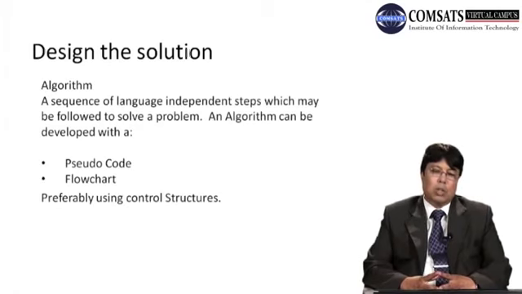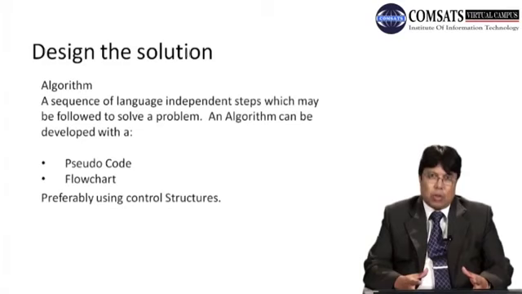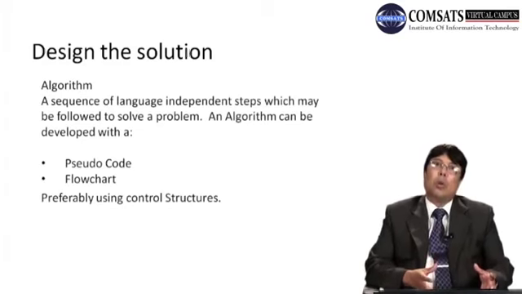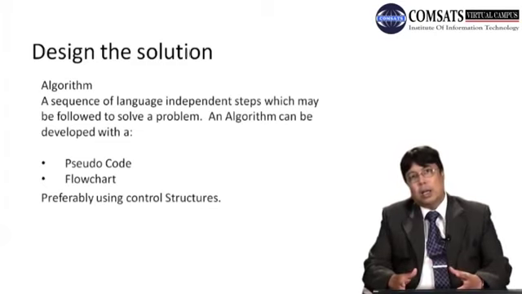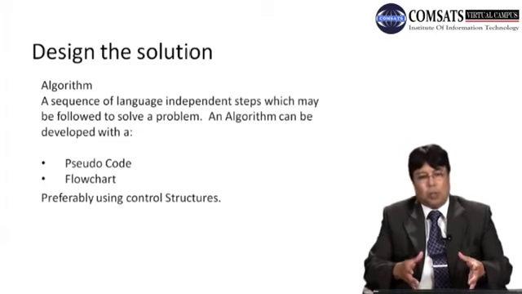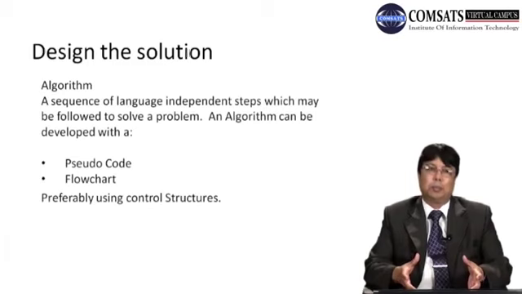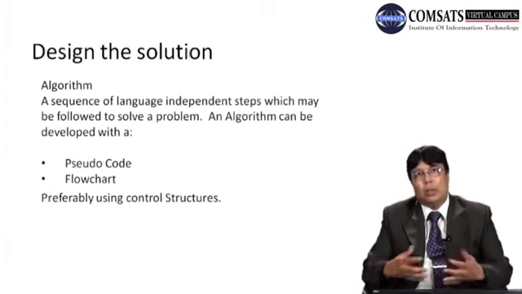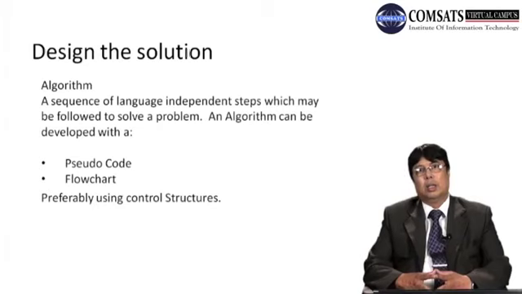Preferably using control structure. The algorithm that will have the set of instructions might be in pseudocode, might be in the flowchart. Then this set of instructions forms a structure, and then you have to define the flow of the structure, so that you may define the flow of your algorithm first.